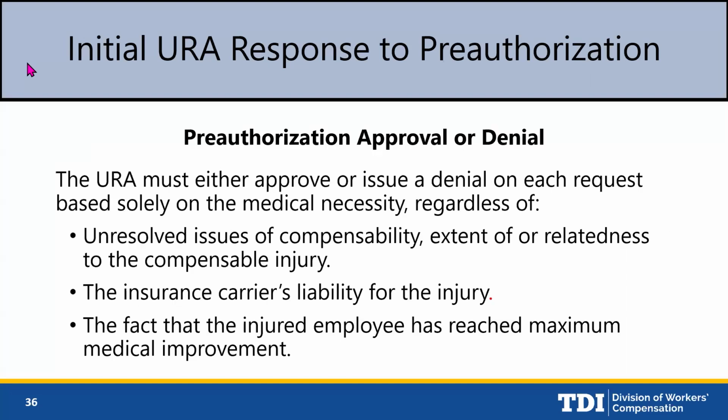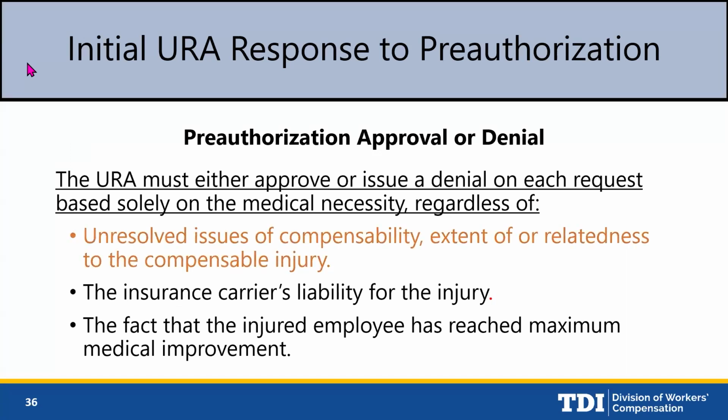The URA must approve or issue a denial based solely on medical necessity. That's regardless of any unresolved issues of compensability, extent, or relatedness. Remember, the URA should be giving their opinion on medical necessity, regardless of whether there's an extent of injury issue outstanding.